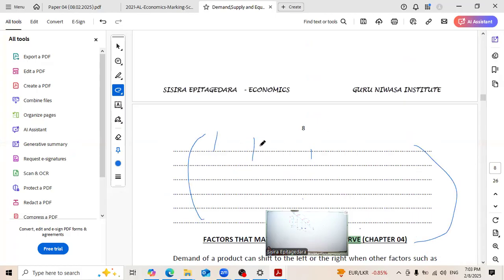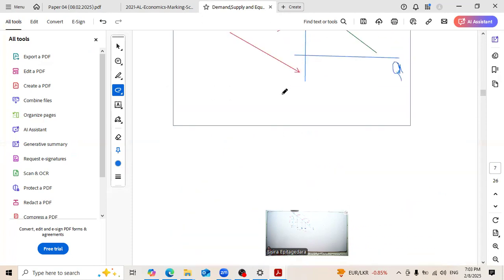On that, write down. Actually, I'm going to explain about this diagram that you have already drawn in the box.